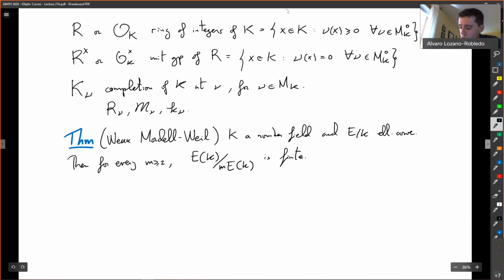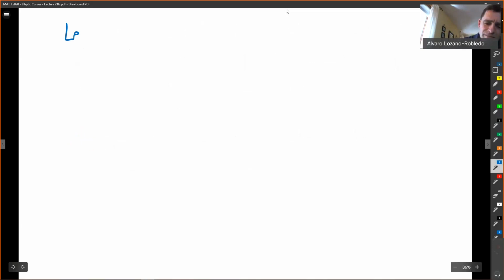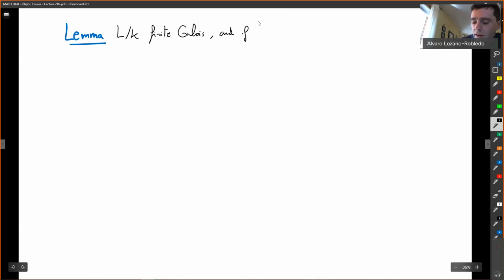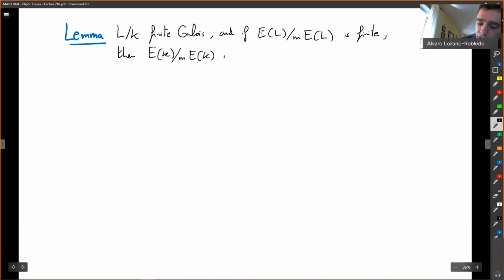So what we're going to need is the following lemma: if L over K is finite Galois, and if E(L)/mE(L) is finite, then E(K)/mE(K) is finite.